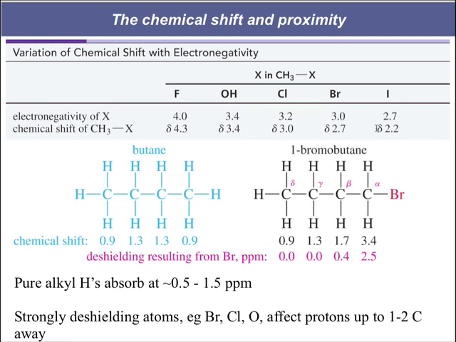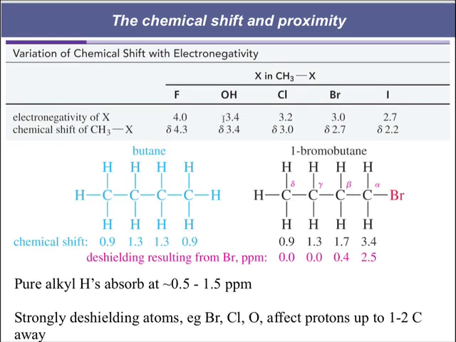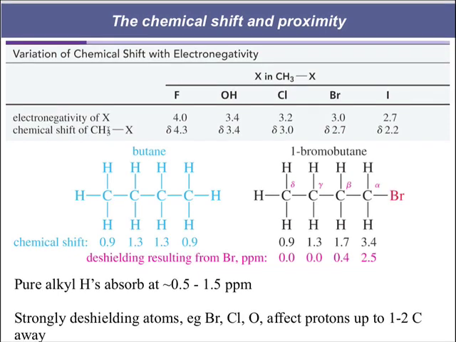An iodine would shift them to 2.2. A chlorine would shift them 3. An OH oxygen would shift them 3.4. And a fluorine would shift them 4.3. This is kind of cool because the shift of those alpha hydrogens are approximately the same as the electronegativity on the Pauling scale. That's not a coincidence, by the way.